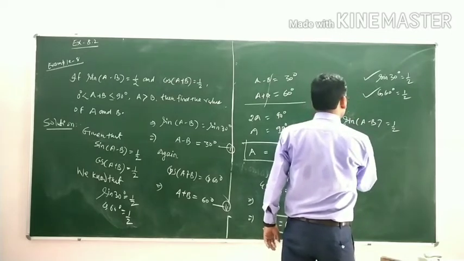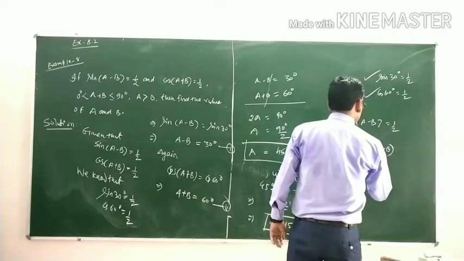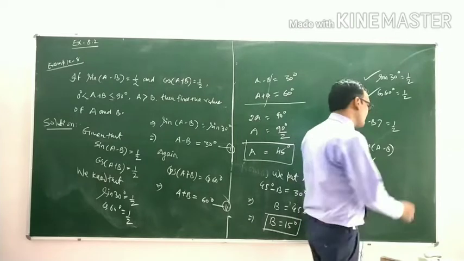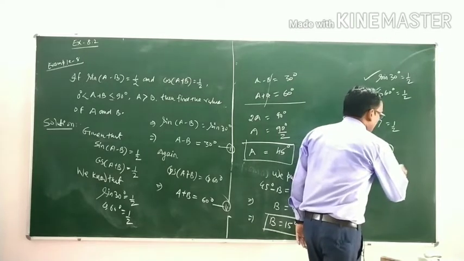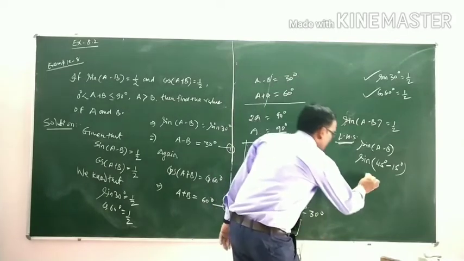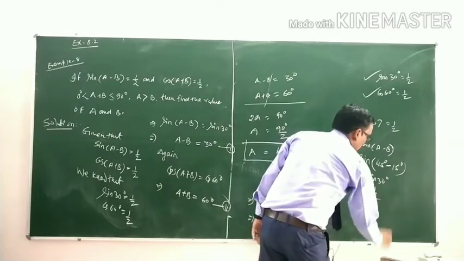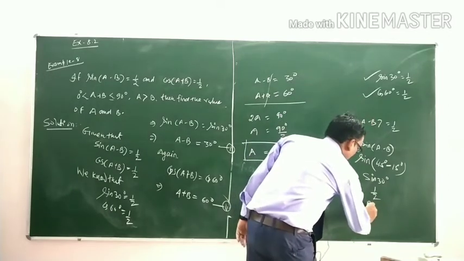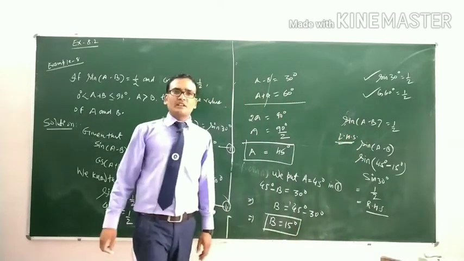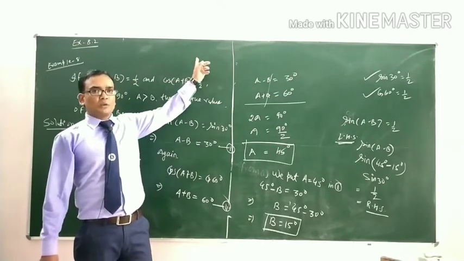Left hand side is the sin A minus B. The value of A equals 45 degree, 45 degree minus 15 degree, the value of B equals 15 degree. This gives sin 30. What is the value of sin 30, students? 1 by 2, which is the right hand side. That means the value of A 45 degree and the value of B 15 degree satisfied equation number 1.